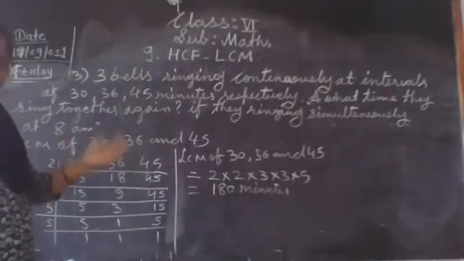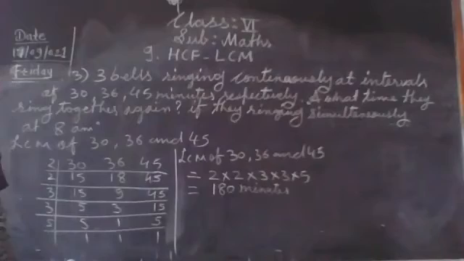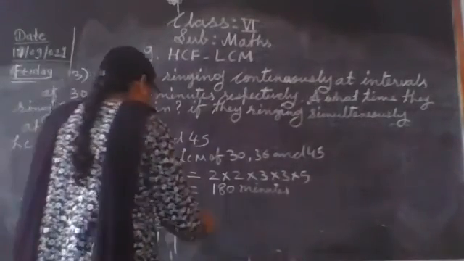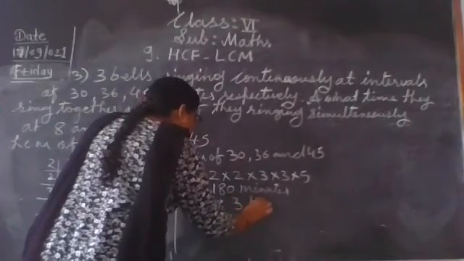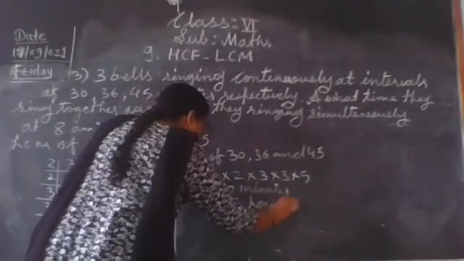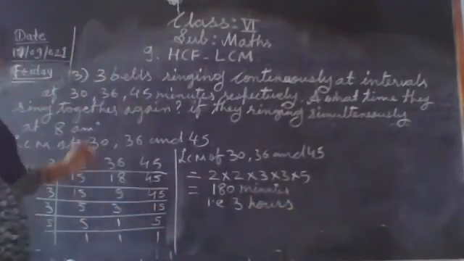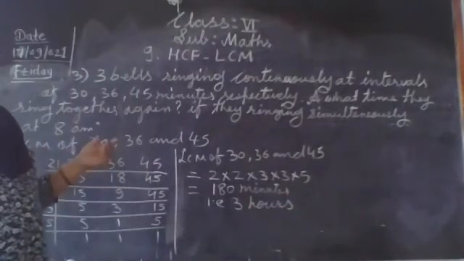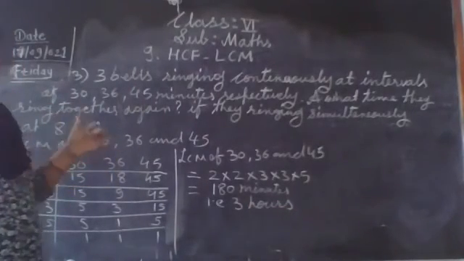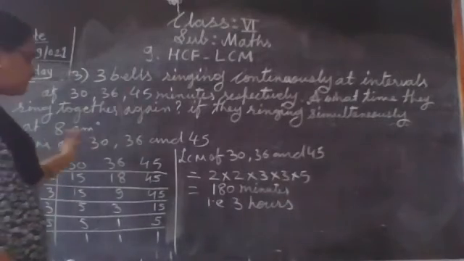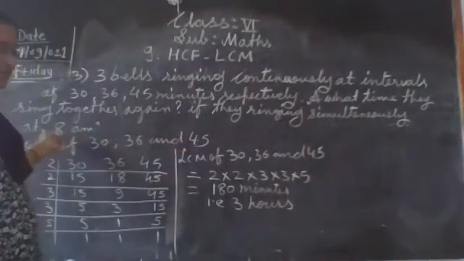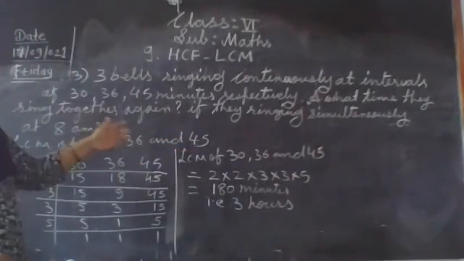So after 180 minutes means what, beta? 180 minutes means how many hours? 6 threes are 18, so 3 hours. So after 3 hours, these 3 bells ring together again. But after 3 hours, what is the time? 8 plus 3 hours.